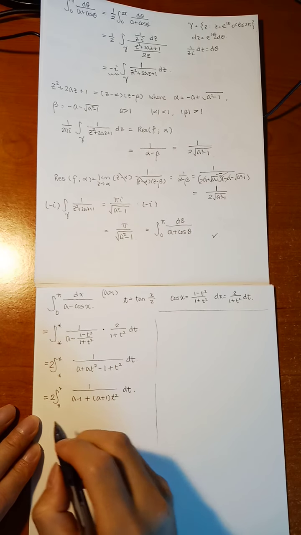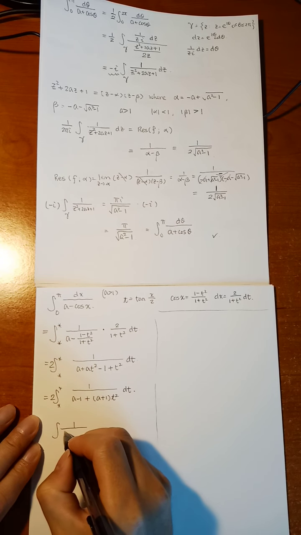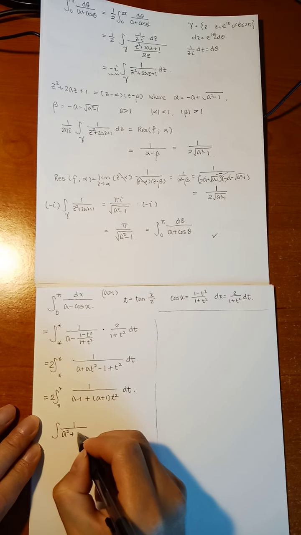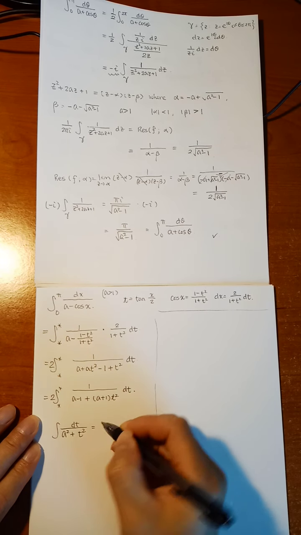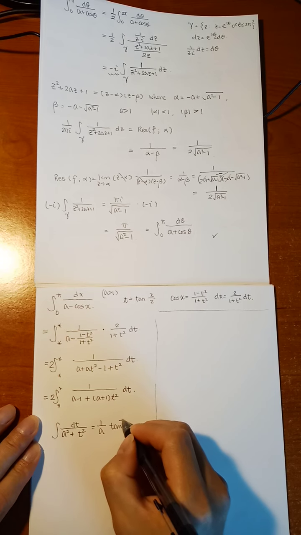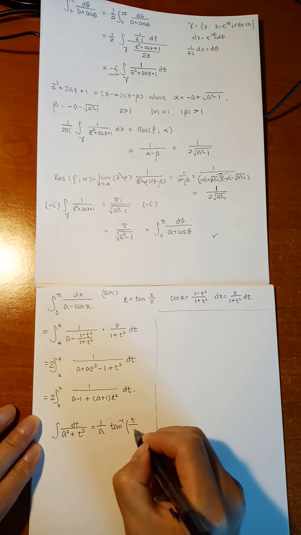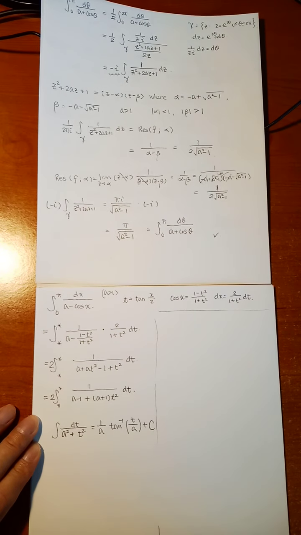We need to recall some integral formula. 1 over a squared plus t squared dt is equal to 1 over a tangent inverse of t over a, plus c. This one is not horrible. This one is a standard formula in the textbook.